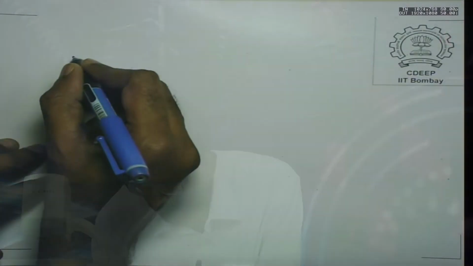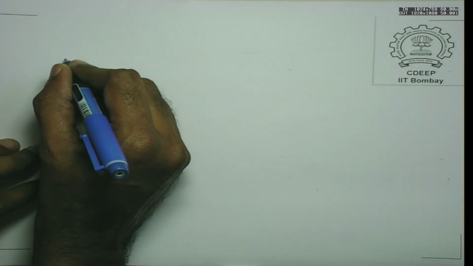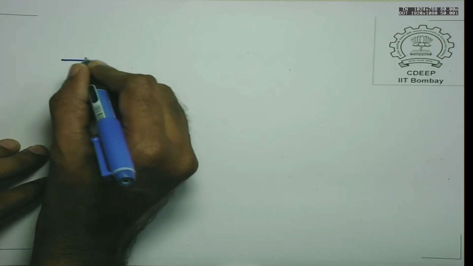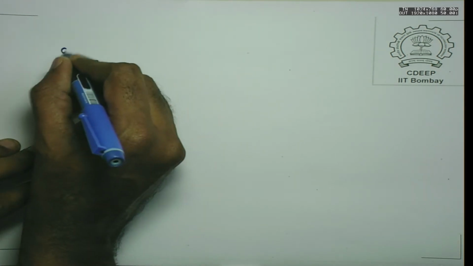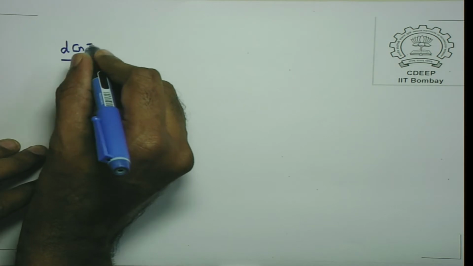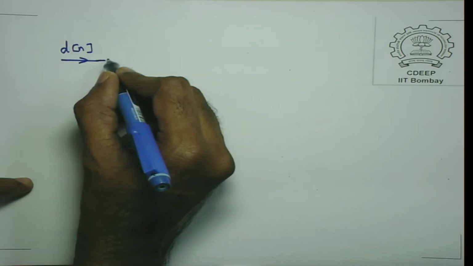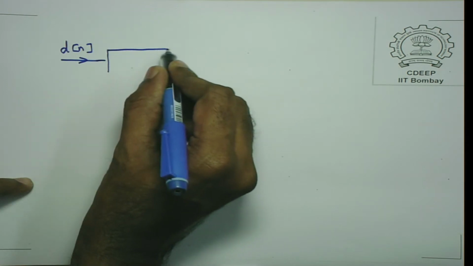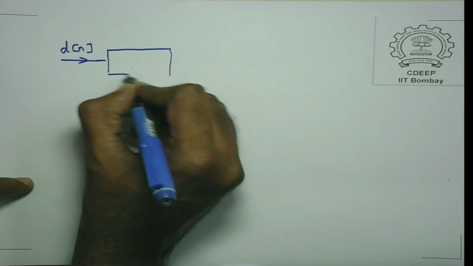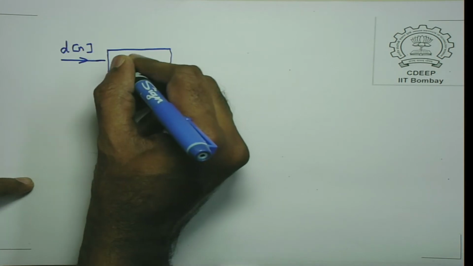So, recall from our previous discussion, the systems which we are interested in usually have a signal which we are interested in, which is denoted as d of n, which is the desired signal. Usually this is due to some real world scenarios.